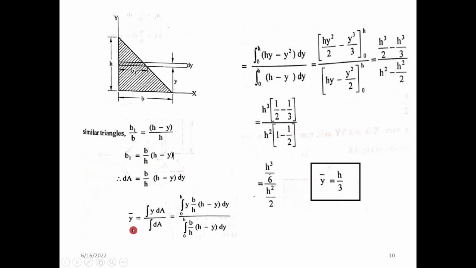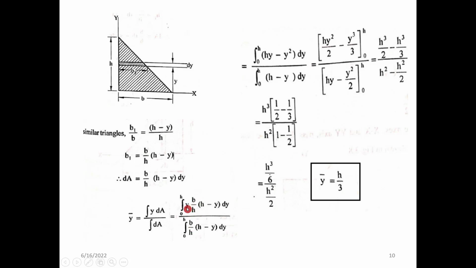Then you can use the equation y bar is equal to integral y into dA by integral dA. We can substitute the values here. So integral y into dA, where dA is b by h into h minus y. The h will get cancelled, and b also will get cancelled.